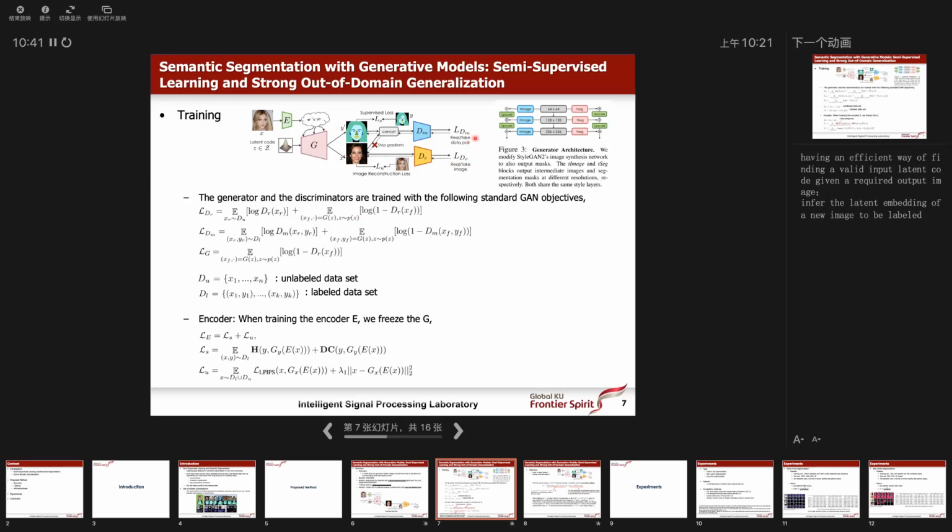And DM is used to discriminate between the real and fake image-label pair. We can see that after reconstructing the image and the corresponding label, we do the concatenation of the image and label. And the input of DM is the image-label pair.